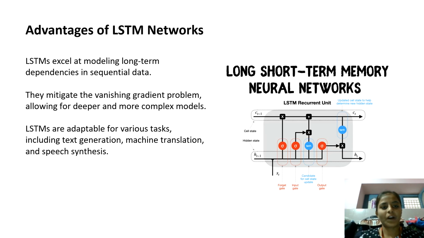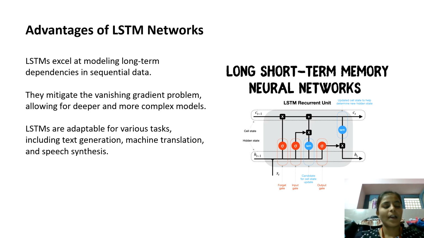And next, coming to the advantages of LSTM networks. LSTM has several advantages. First, LSTMs are very efficient at modeling long-term dependencies in sequential data. Next, it helps to reduce the effects of the vanishing gradient problem, which allows the model to learn more complex problems.